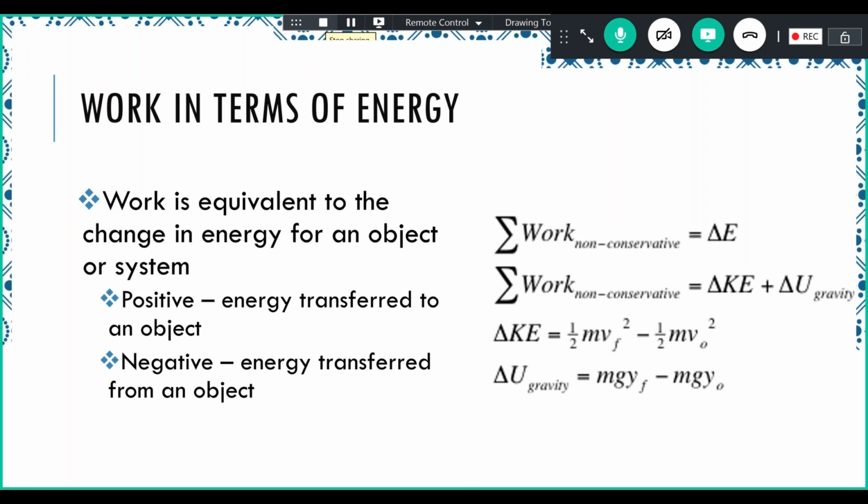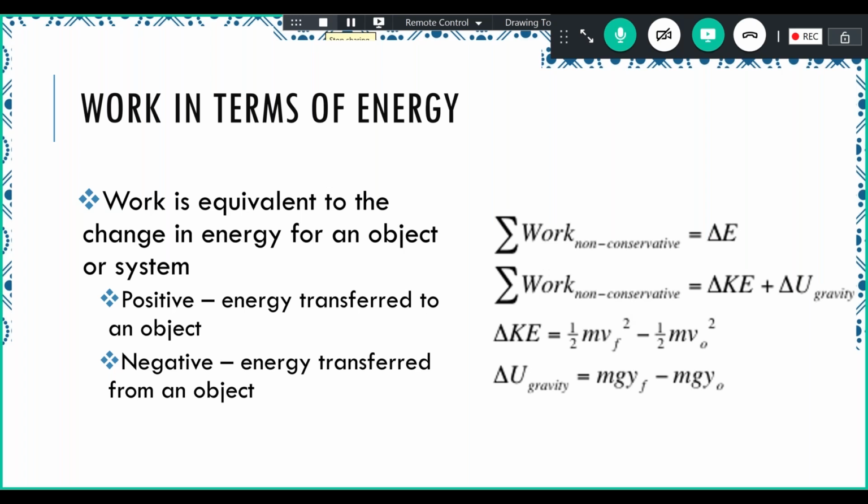You can find the change in kinetic energy by taking the final kinetic energy, 1/2 m vf squared, minus the initial kinetic energy, 1/2 m v naught squared. In the same way, for gravitational potential energy change, you take the final m g yf minus the initial m g y naught, with y being the height. So this is how work is expressed in terms of energy.